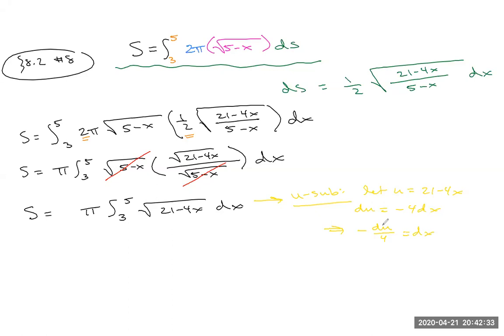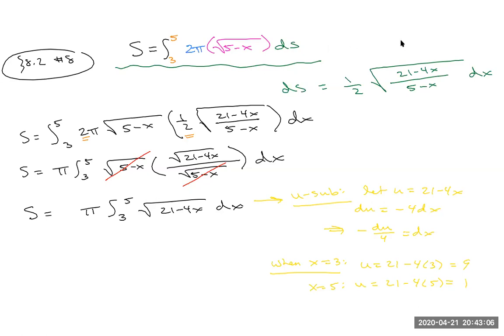If you don't like that, remember you can just leave the bounds off until later. And when you go back into x, you can put the x bounds back. But when x is equal to 3, you plug in here and you get u equals 21 minus 4 times 3, which is 9. And when x equals 5, u equals 21 minus 4 times 5, which would give you 1.